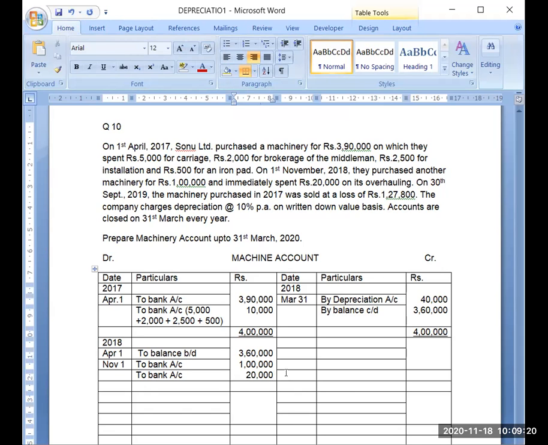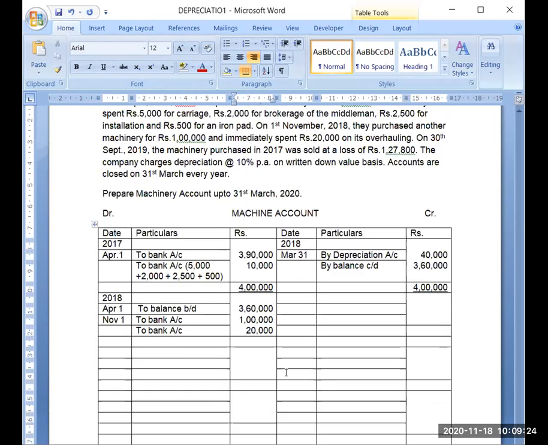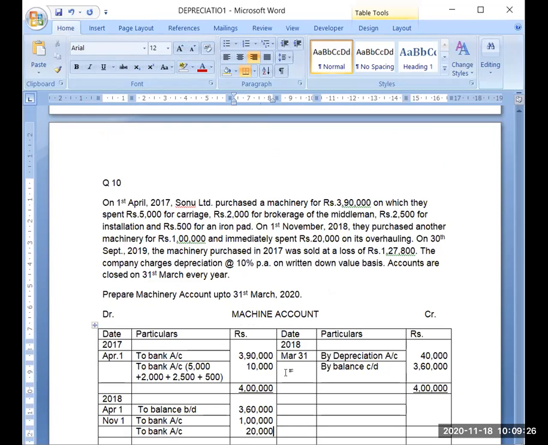So the total cost of this machinery will be 1,20,000. Now in 2018-19, is there any more transaction? On 30th September 2019. So 30th September 2019 will be after 31st March 2019. So this is next year transaction again.